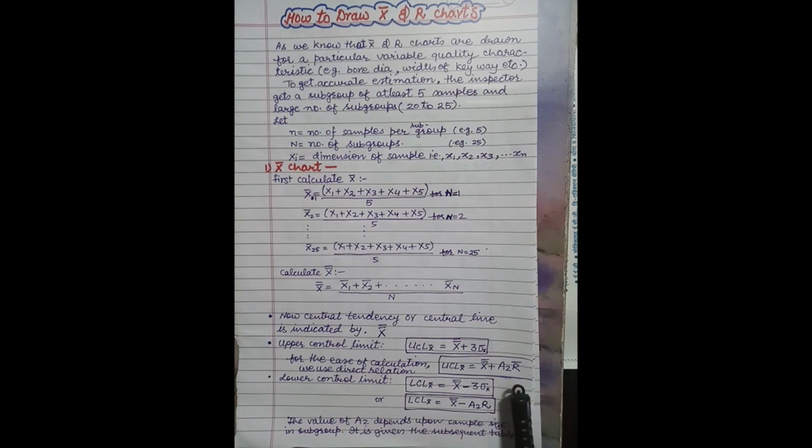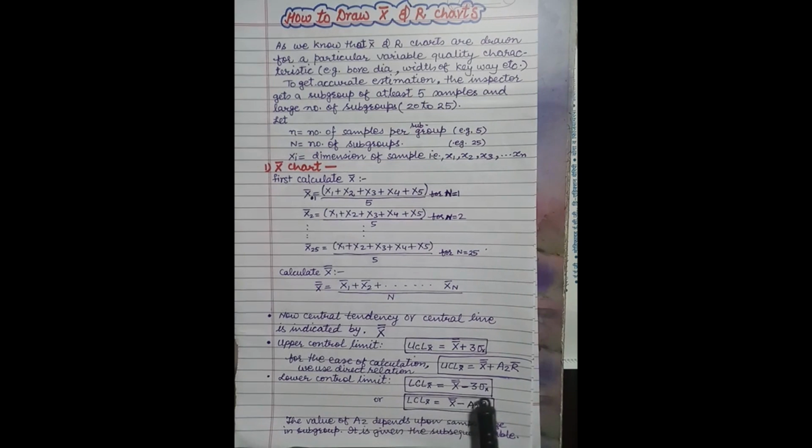Here we will be discussing this one. Similarly, the lower control limit is X double bar minus 3 sigma, which can be calculated using the formula X double bar minus A2 R bar. So we have to use A2 and R bar. We have calculated X double bar.